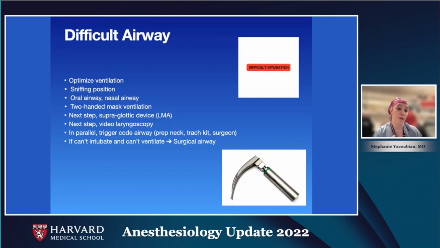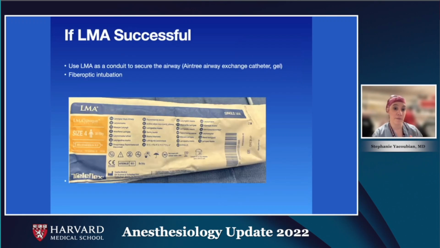But meanwhile, in parallel to this, you want to trigger a code airway. If you are in this can't intubate, can't ventilate scenario, you want to be always a step ahead. You don't want to wait until you can't intubate and can't ventilate to trigger your surgical airway. You want to have your tray kit ready, your surgical team ready to go in case you fall into this scenario of a difficult laryngoscopy and possibly difficult intubation.